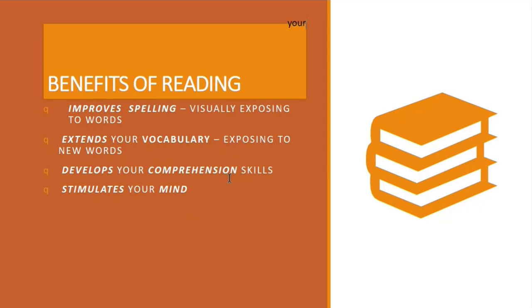But if you don't see the word, because if I say "visually", this is how you pronounce the word, you might write Z instead of S. But when you see it, even your spelling improves, because you are exposing your visual to the word. So reading is very, very critical.